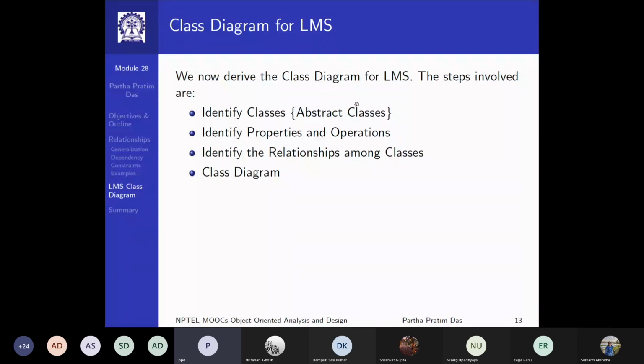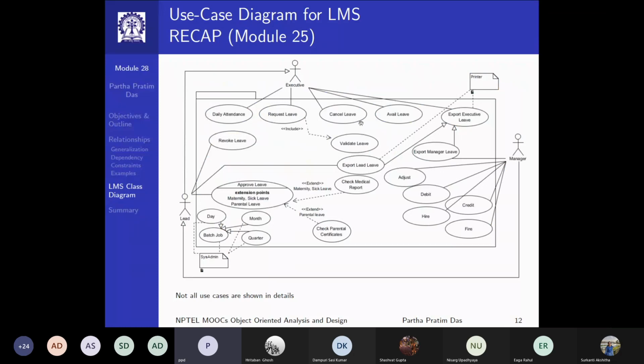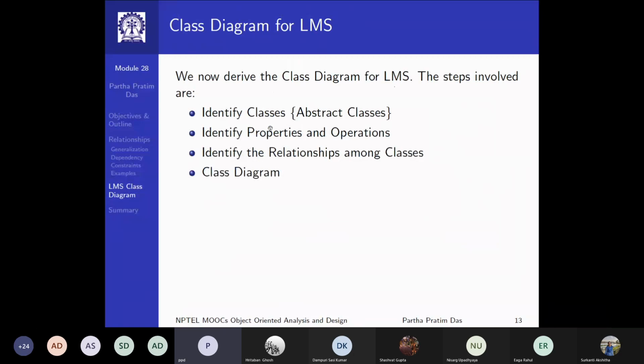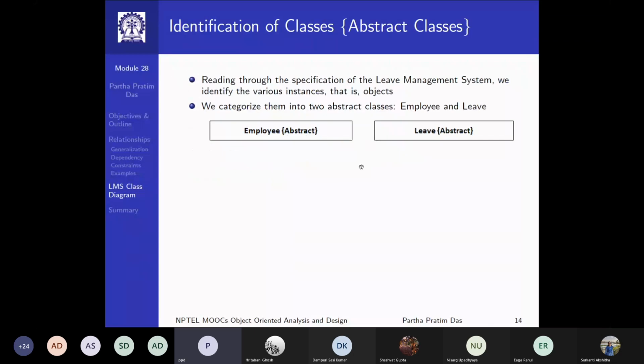So if we go back, then we will see the abstract classes that are required for representing these actors and also required for representing the leave which they deal with. Right. So for the abstract classes, you'll have to identify the properties and operations and the relationships, resulting in the final class diagram. So these are the two abstract classes, employee and leave.